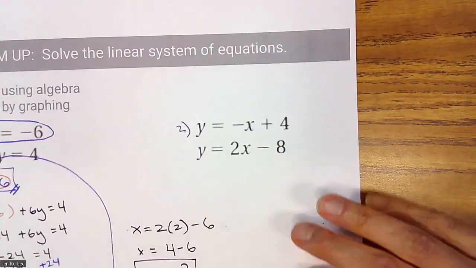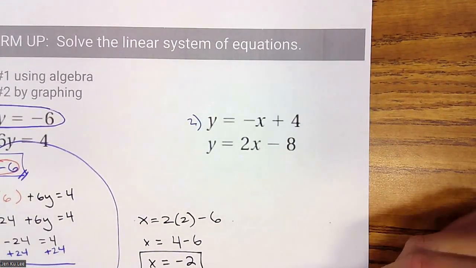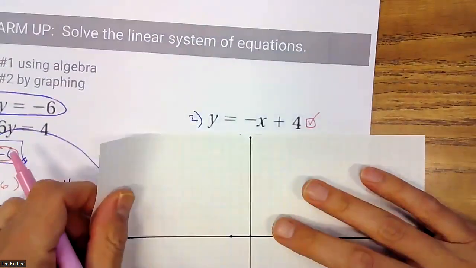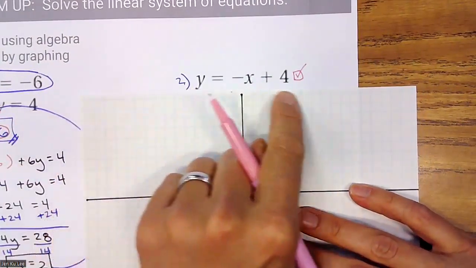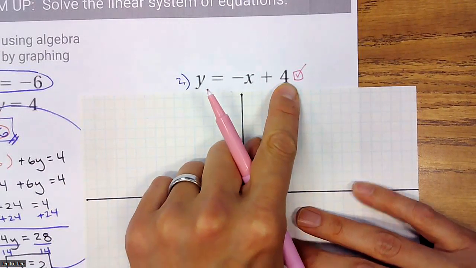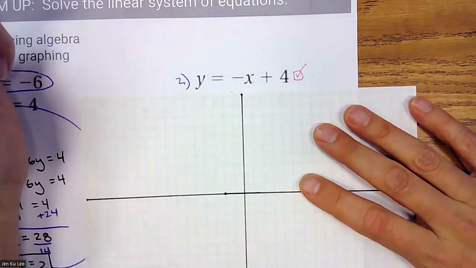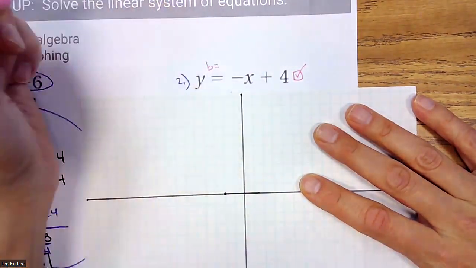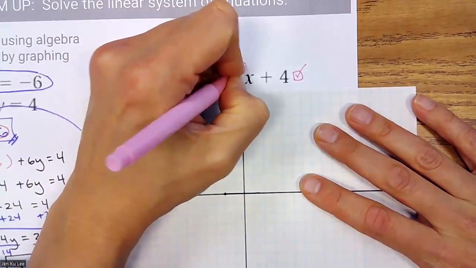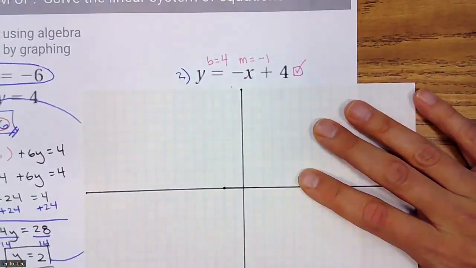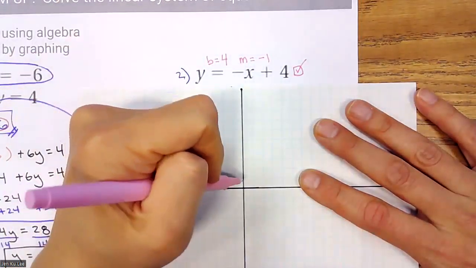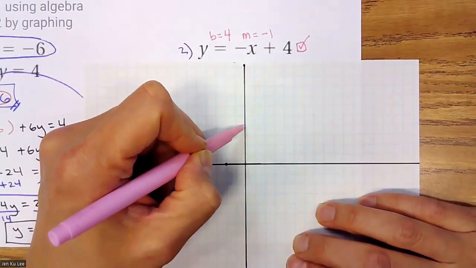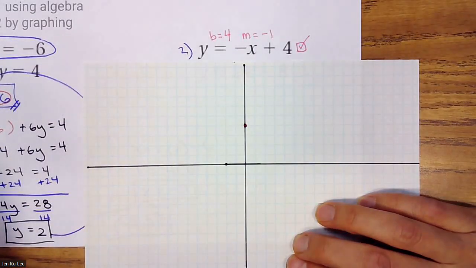I'm going to solve this via graphing. Okay? So in pink, I am going to graph that one. An equation in this form, y equals negative x plus 4, reminds me of y equals mx plus b, right? So here, my b value or my y-intercept is 4. My slope is -1. So my y-intercept being 4, I know I have to go up 4 units on my y-axis, right?